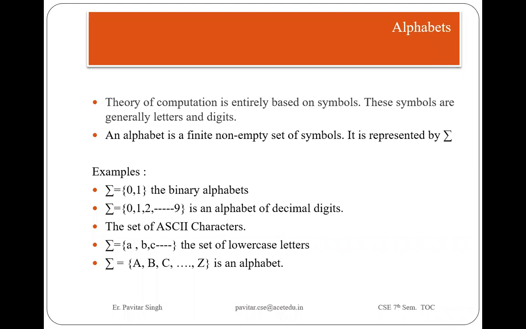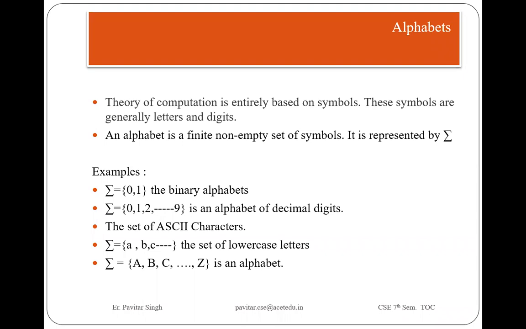These are your decimal digits. Then we have the set of ASCII characters, that is, special symbols from the keyboard: plus, minus, multiply, percentage, divide, any special character from your keyboard.